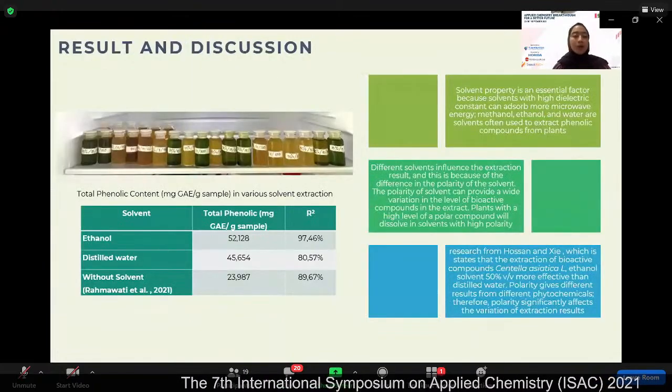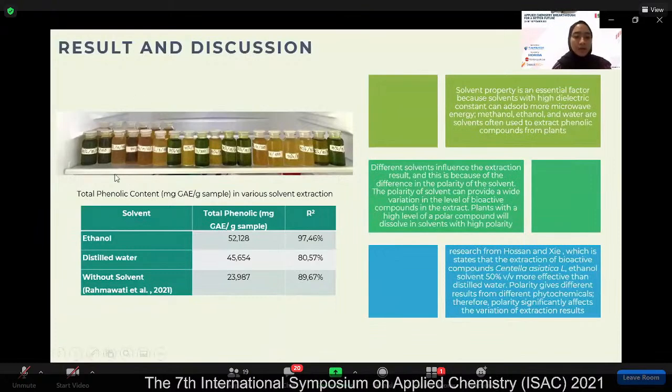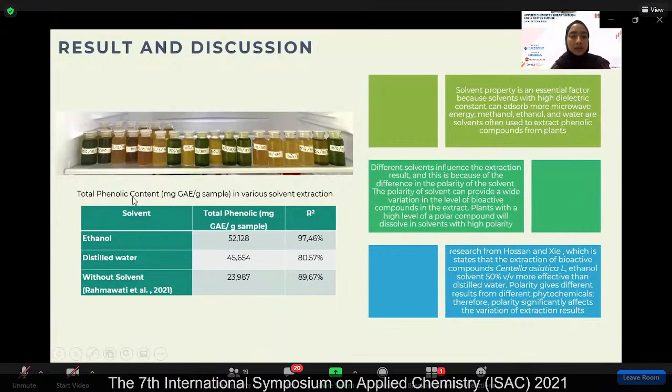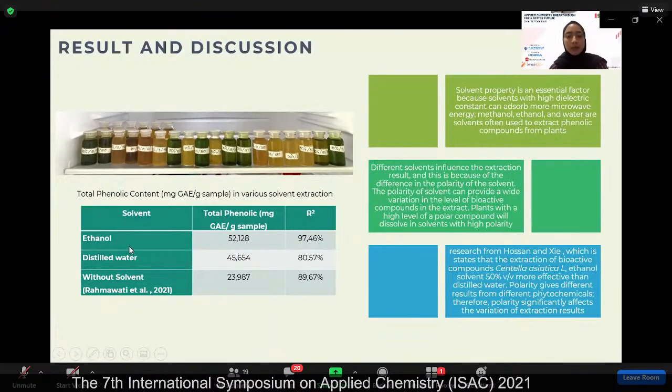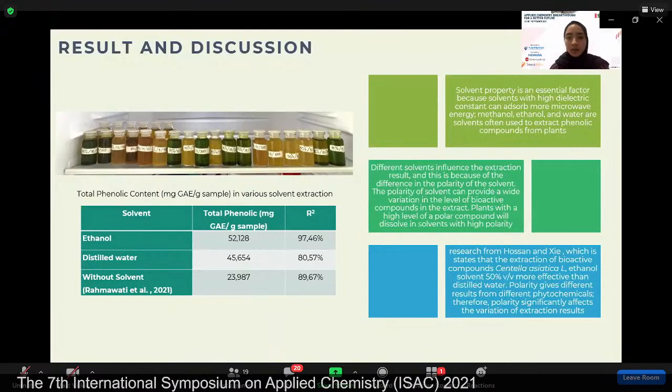And this is the result for our research. From the table, we can see that different solvents give different total phenolic content. Ethanol and distilled water differ in total phenolic content because the solvent property is an essential factor.